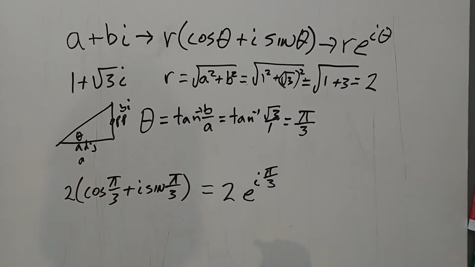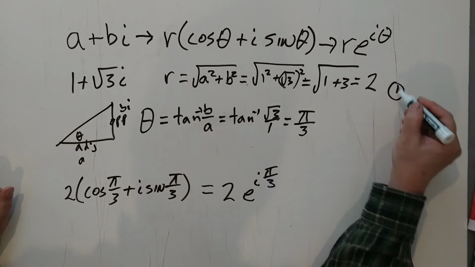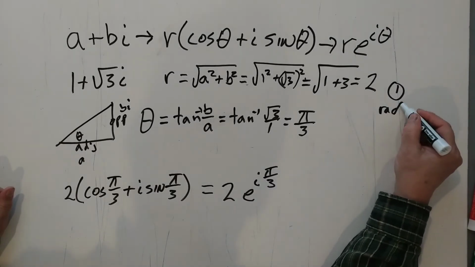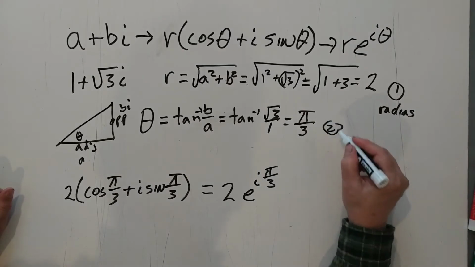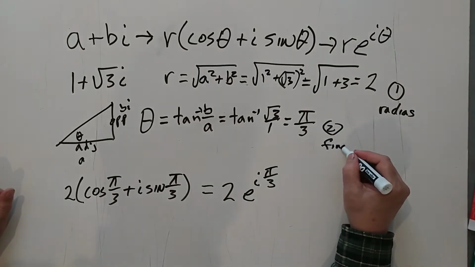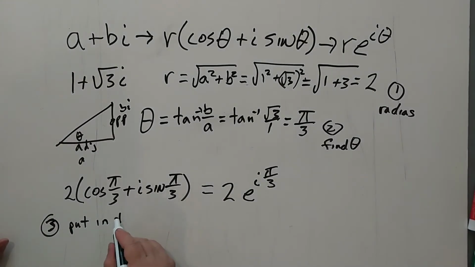These are the steps. Step 1, find the radius. Step 2, find the angle. Step 3, put in trig form.